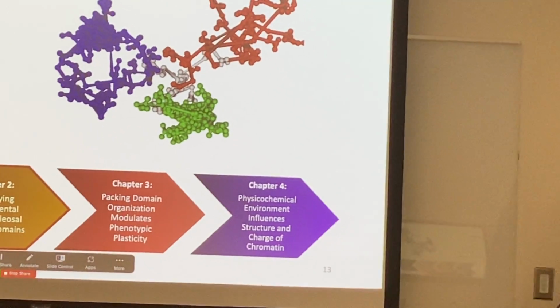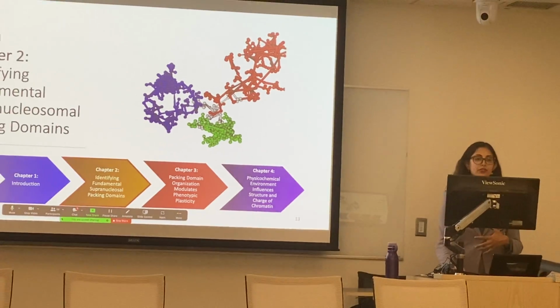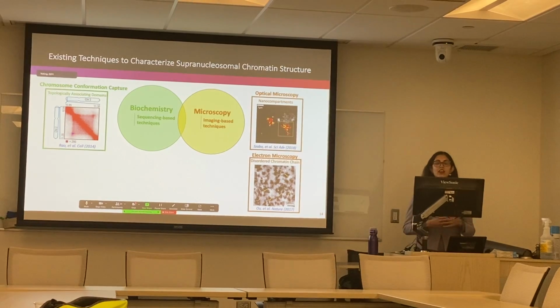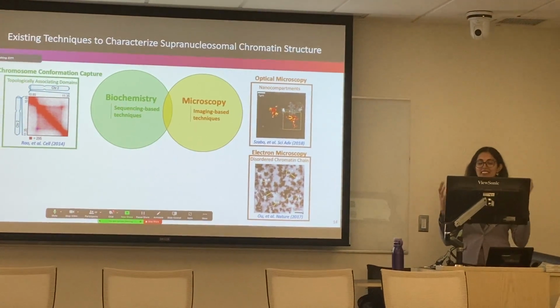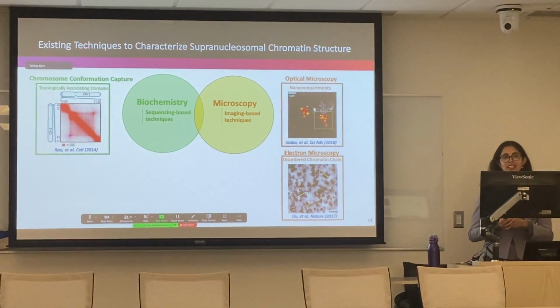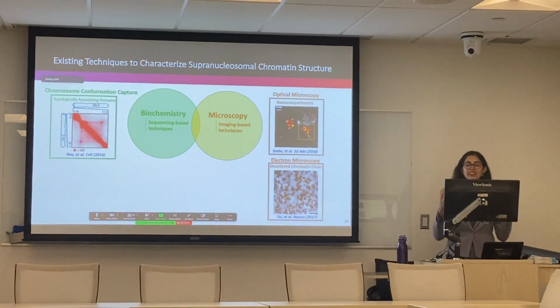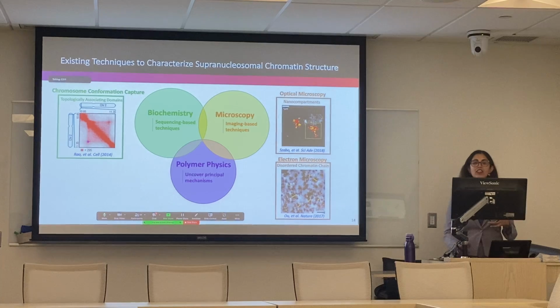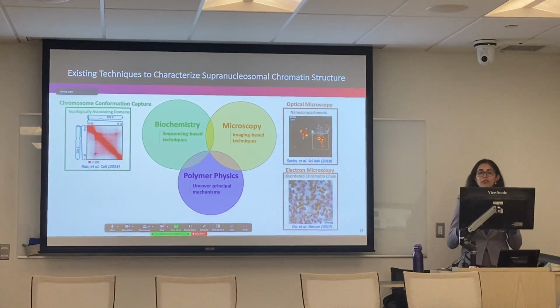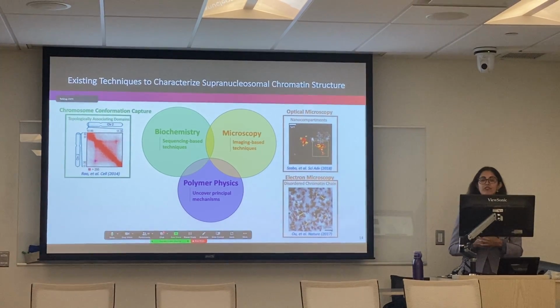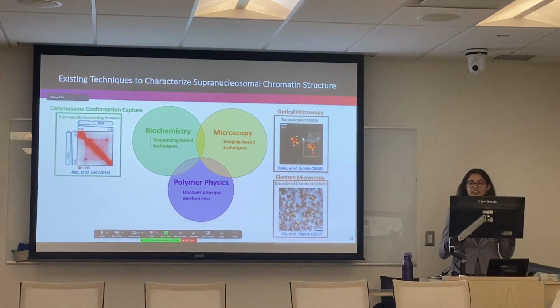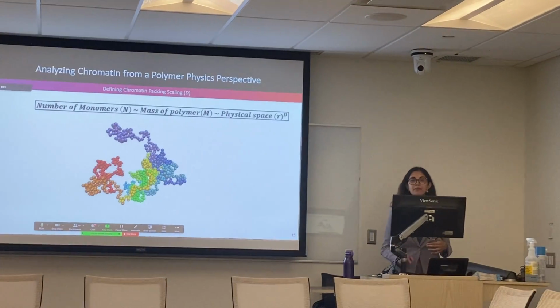So starting out with identification of fundamental supernucleosomal domains, in our group, in Igal and Vadim's group, we not only consider these two types of techniques to be a very important lens to investigate chromatin through, but we also add polymer physics, which really allows us to uncover principal mechanisms underlying chromatin structure and function.